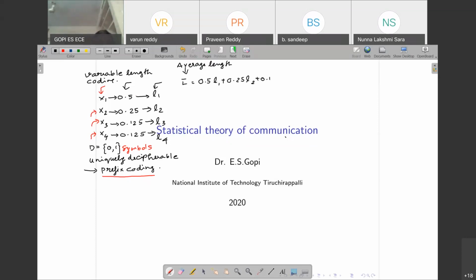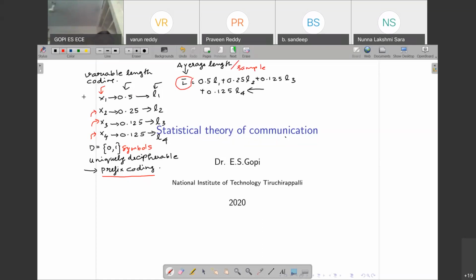This is the average per message. So per sample, you want this average length to be minimized. You want this value to be the minimum.